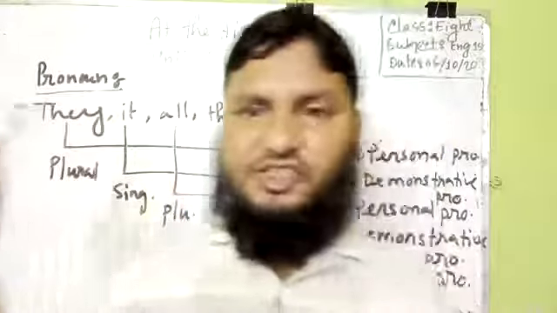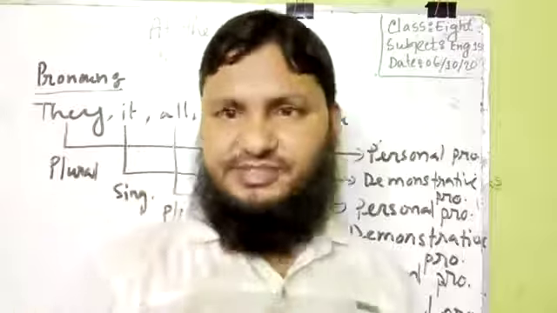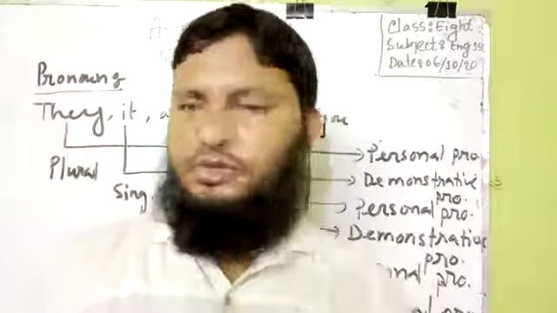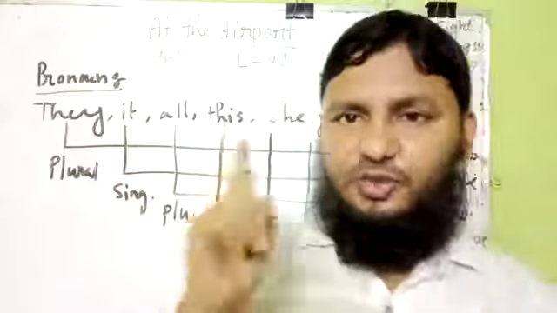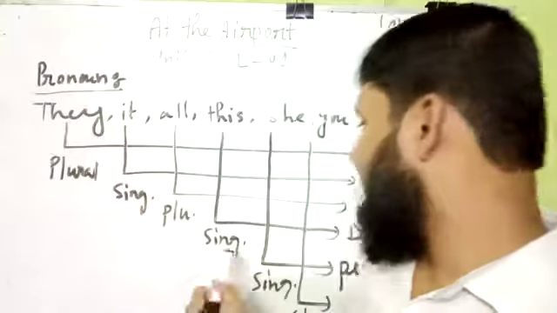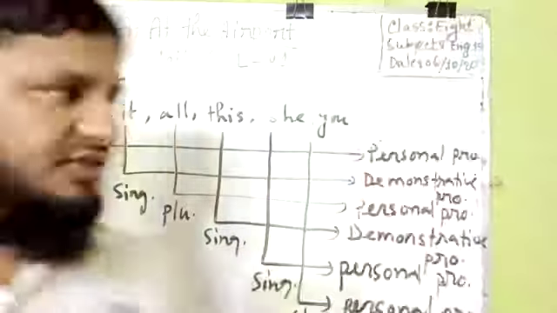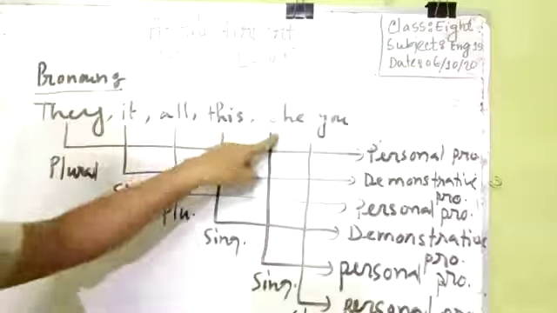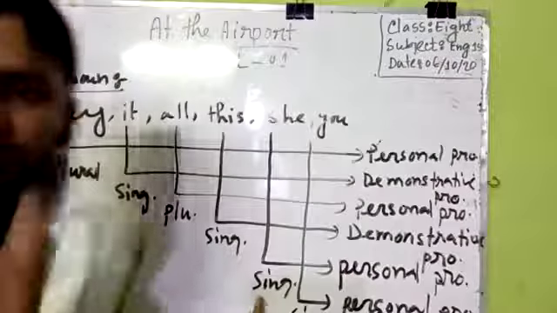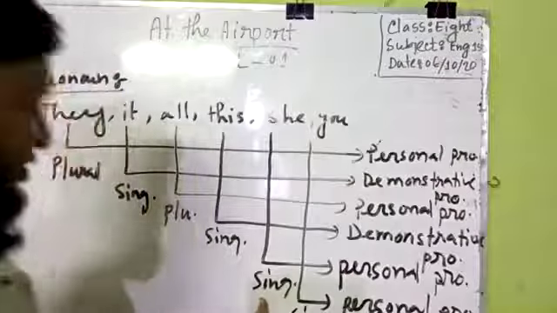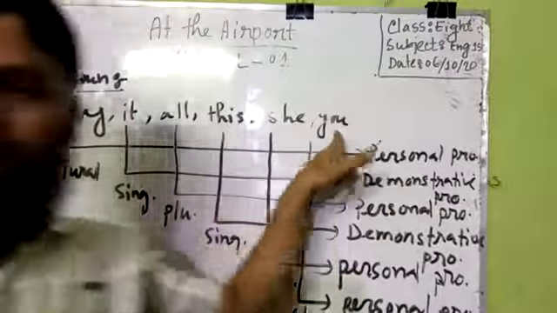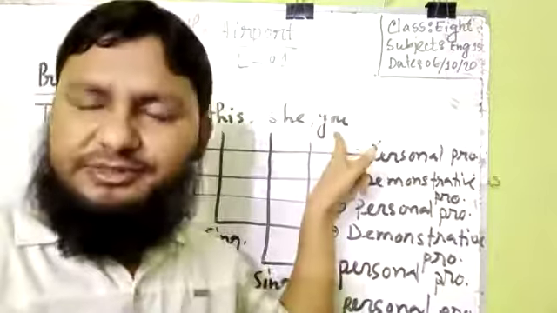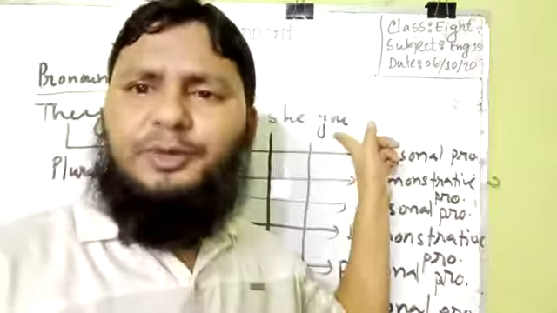"All" indicates more than one person, so "all" is plural. Here this indicates one thing, so it is singular. You can also see that "she" indicates just one person, so "she" is singular. "You" is just a pronoun which indicates both singular and plural.